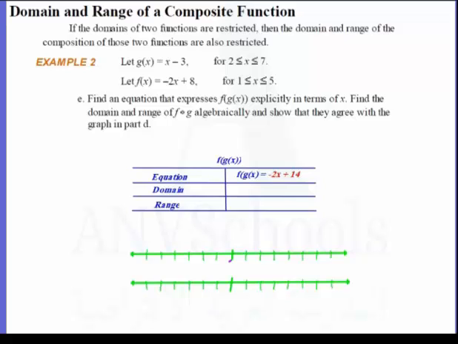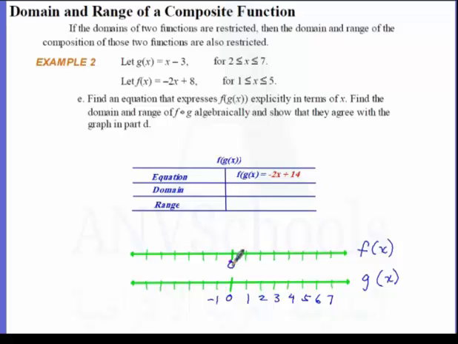So I have a real number line here for the domain of f of x and for g of x. Now our domain restriction for g of x is from 2 to 7. So if this is our 0, 1, 2, 3, 4, 5, 6, 7, and our domain restriction for f of x is from 1 to 5.